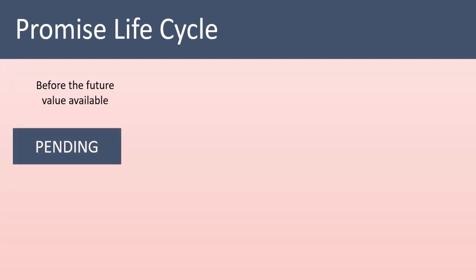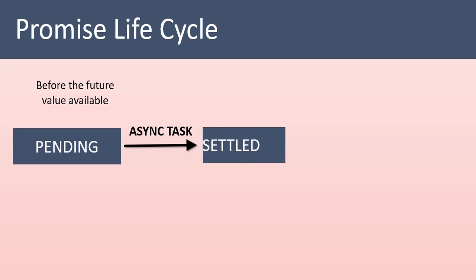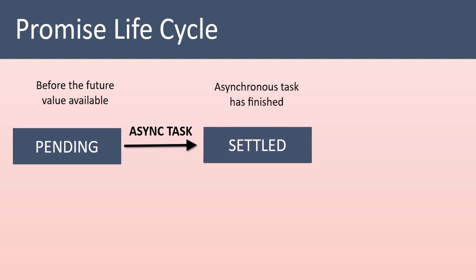In the very beginning, a promise will be in the pending state. At this stage, the asynchronous call that you made is still running in the background. Once the task is completed, the promise will be in the settled state.